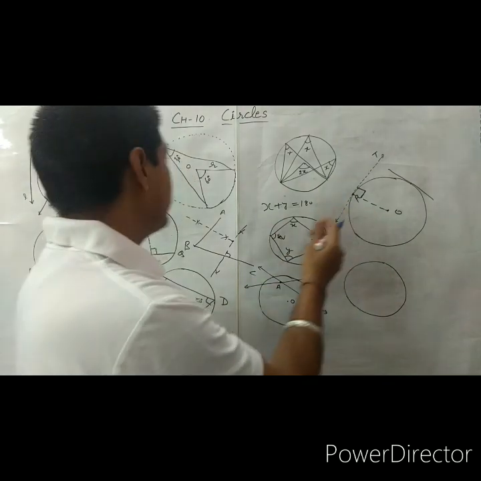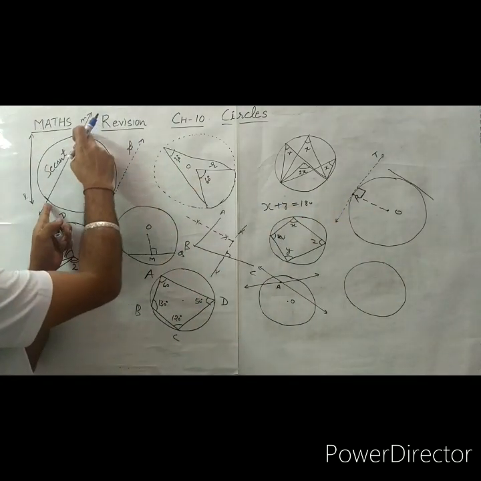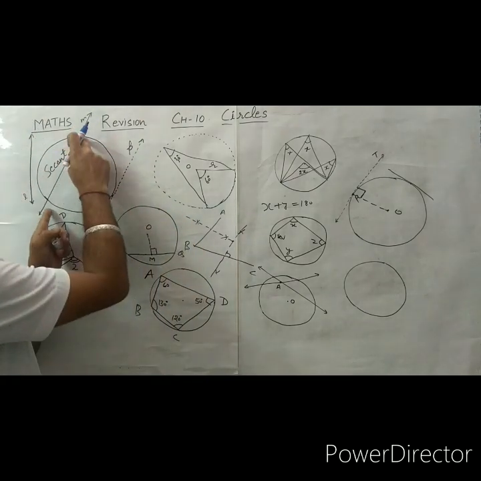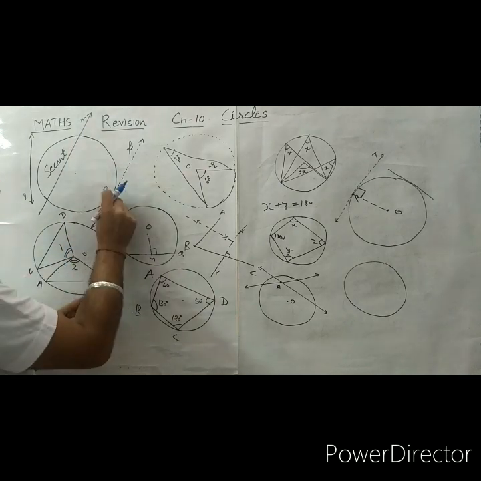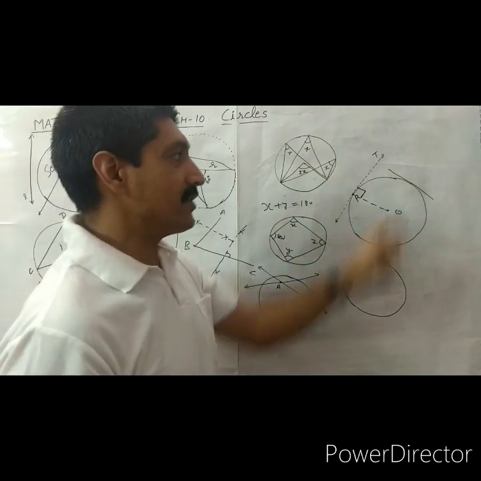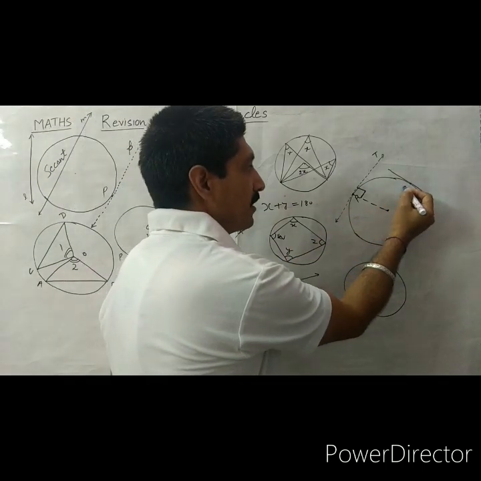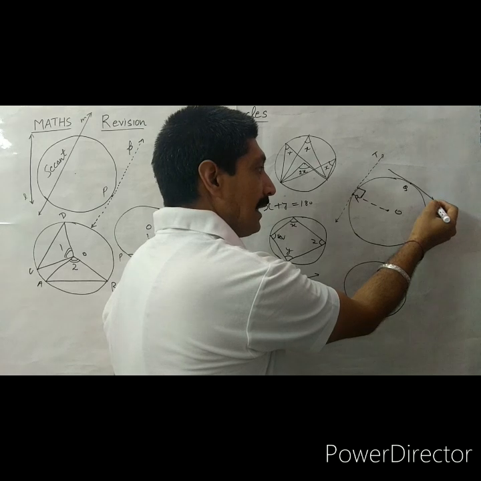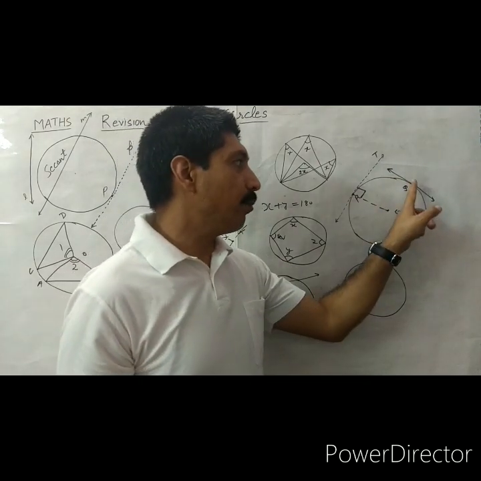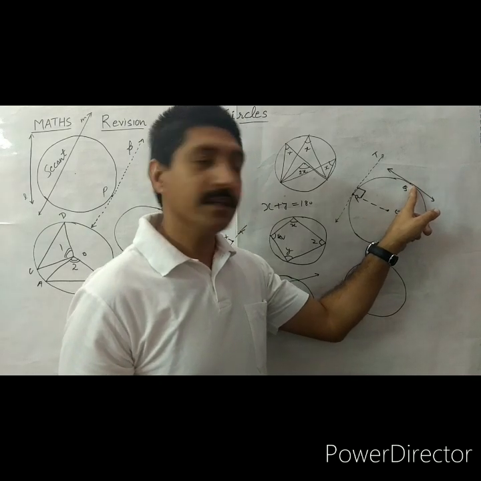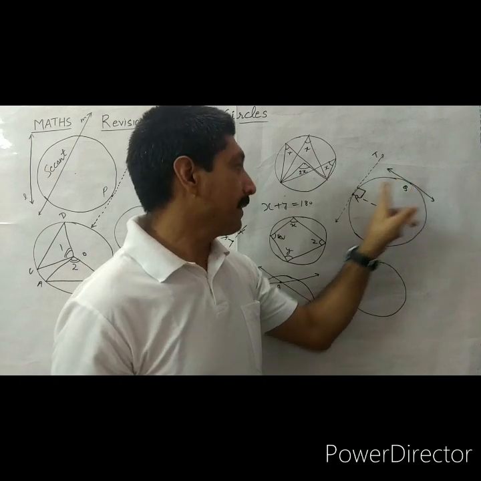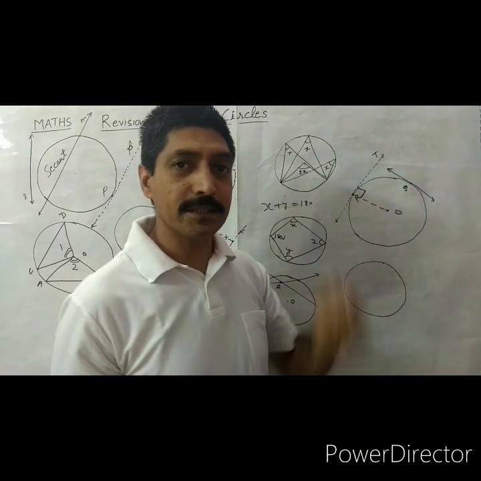A secant intersects the circle at 2 points, whereas in a tangent, these 2 points reduce to 1 point, and we call it a tangent to a circle. This point where the line just touches the circle is called the point of contact. Here for this tangent, Q is the point of contact. Here P is the point of contact.